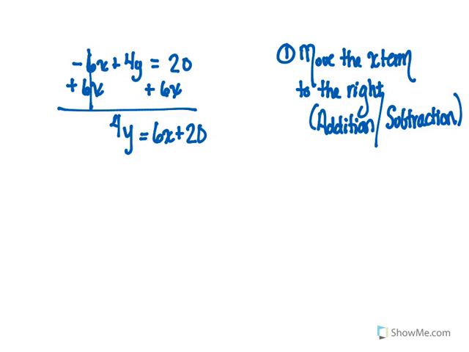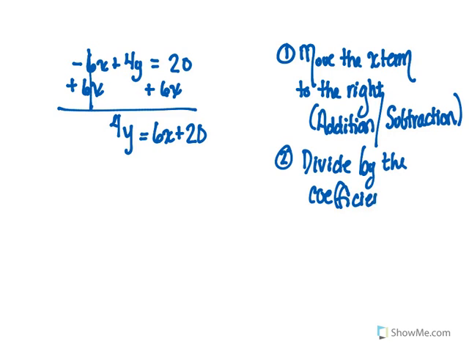Now you're going to notice that I usually put the x term first because I want to put it in slope-intercept form, right? So mx plus b. It's not wrong if I did 20 plus 6x, but it's just a little bit different than what we're used to seeing. And then the final step is divide by the coefficient of y, which means we're just going to divide by the number that's in front of y.